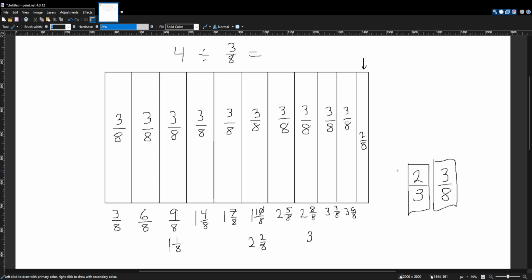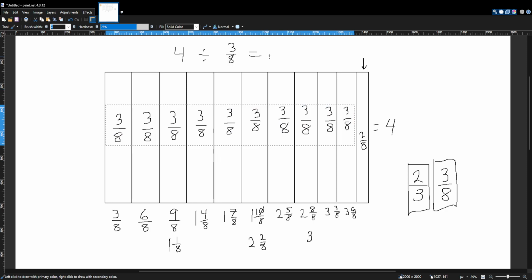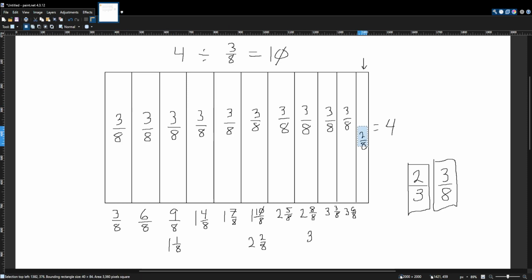Now this is important because I want this whole thing to equal 4. So how many 3/8 do I have? I've got 1, 2, 3, 4, 5, 6, 7, 8, 9, 10 3/8, and then I needed 2 eighths more, which is 2/3 of the 3/8 I was trying to fit in. So my answer here is going to be 10 and 2/3.